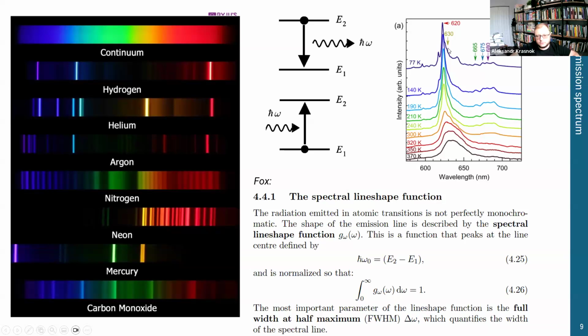We describe the shape of these lines by a function called the spectral line shape function. I refer to the Fox book here. I encourage you to read the chapter about photoluminescence.